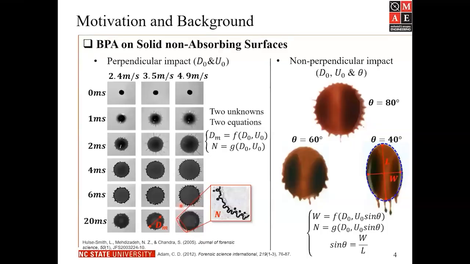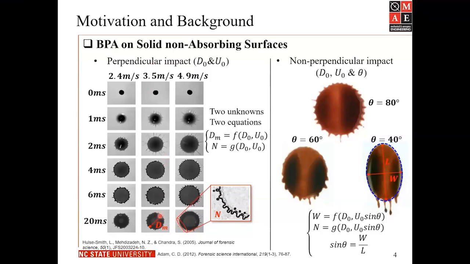In the BPA area, there have been a lot of studies on solid and non-absorbing surfaces for bloodstains. Here is an example: a droplet with size D0 and velocity U0 impacts a surface at 90 degrees, or perpendicular impact.